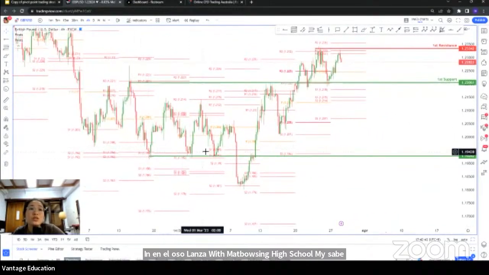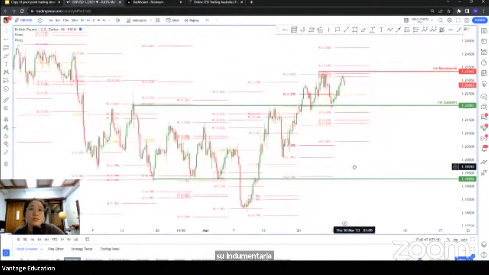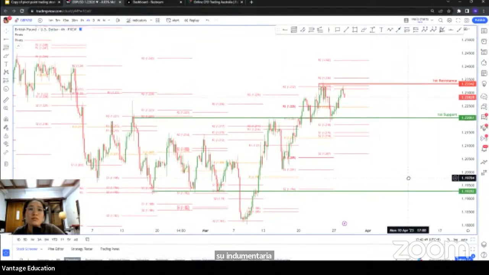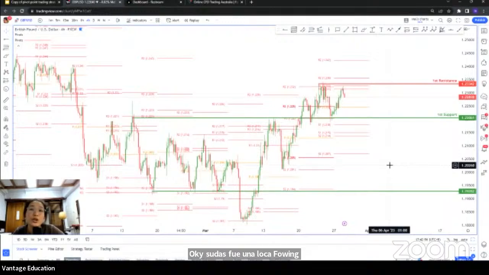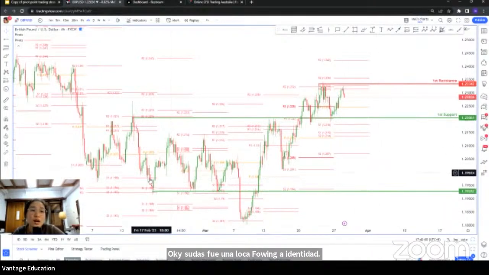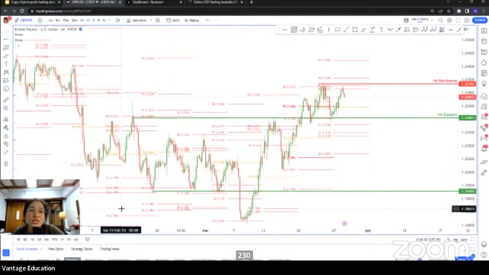We have one swing low, two swing lows, and three swing lows. Okay, so that's what you want to look out for when you're identifying significant support and resistance levels, because when you have a confluence area, there's a higher probability that price might reverse off of it.